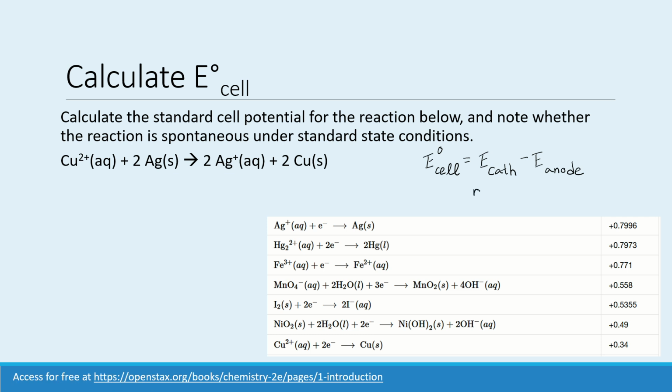Okay, and cathode is where your reduction happens. Right, so we're looking for what is reduced, and then minus the anode, that's where oxidation happens, so we're looking at what is oxidized.